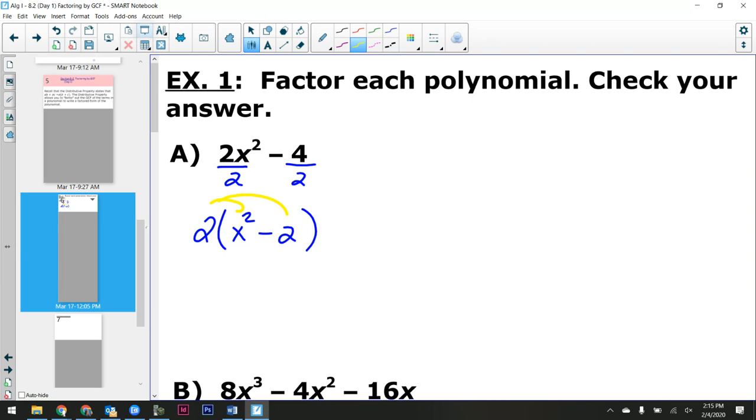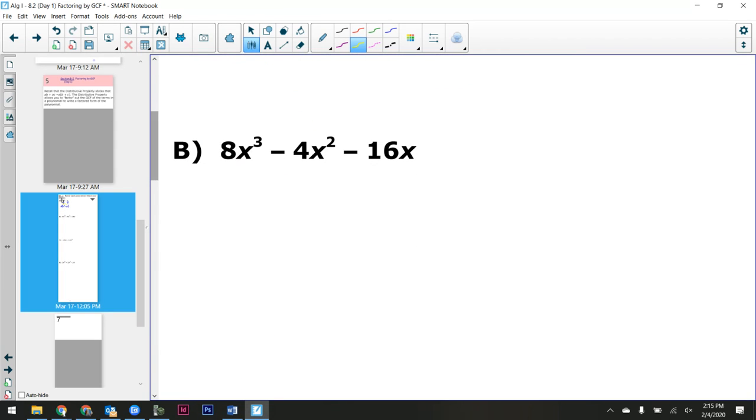Bless you. Let's try the next one. Oh no, 3 terms. Don't freak out. So what do we do with 3 terms? The exact same thing that we do with 2 terms. What's my GCF of those 3 parts? The GCF would be 4. What else?